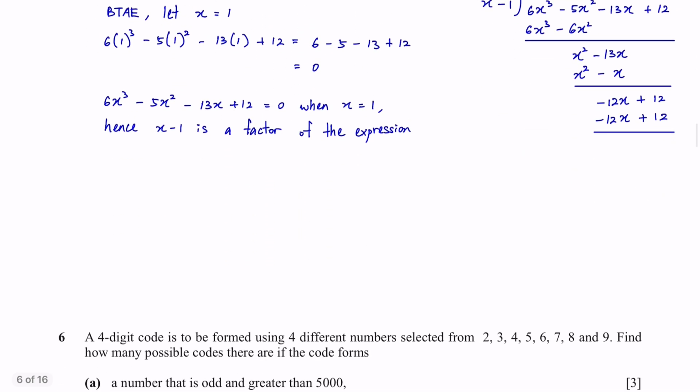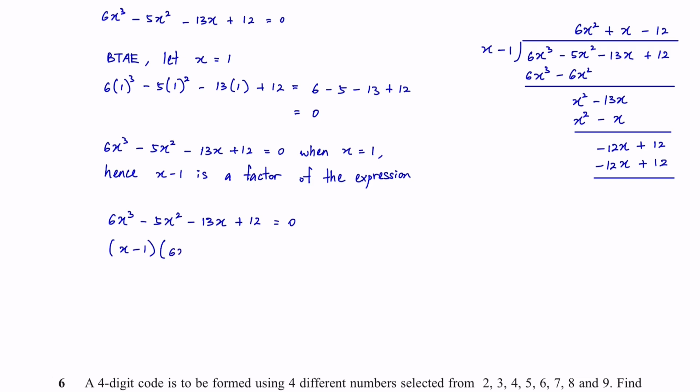So we have 6x cubed minus 5x squared minus 13x plus 12 equals 0. And we found out that x minus 1 times 6x squared plus x minus 12 equals 0.